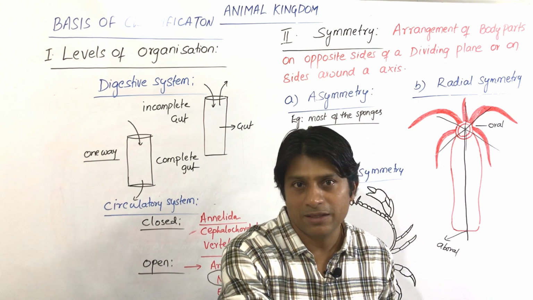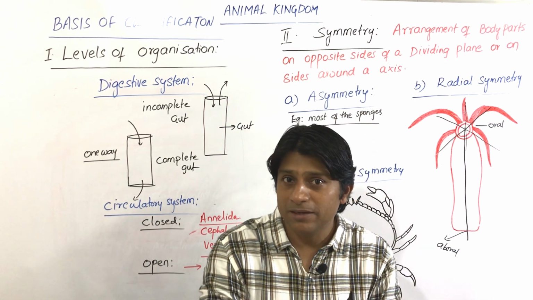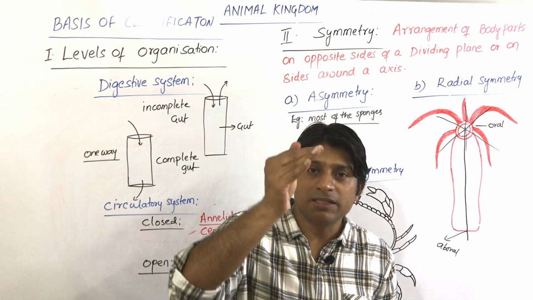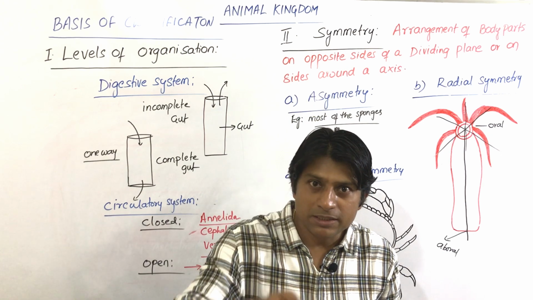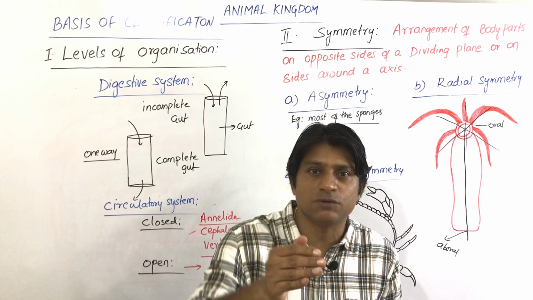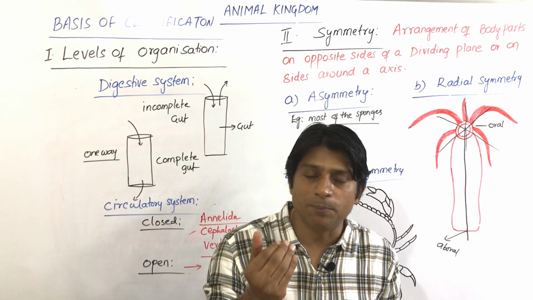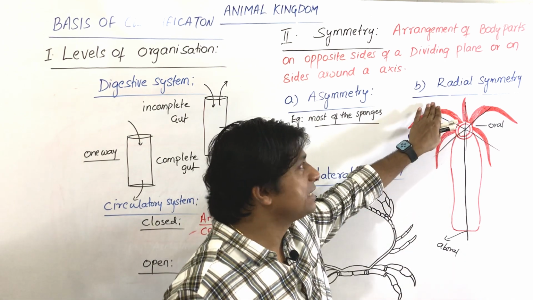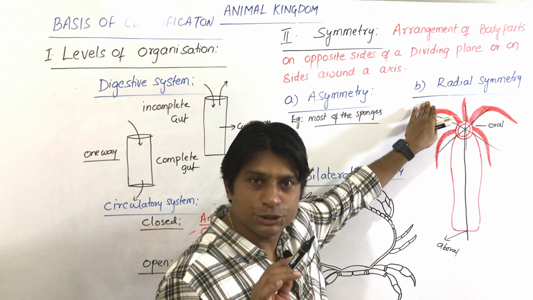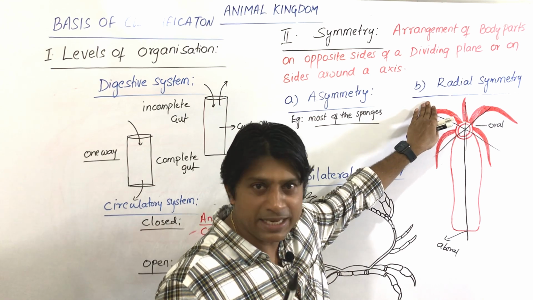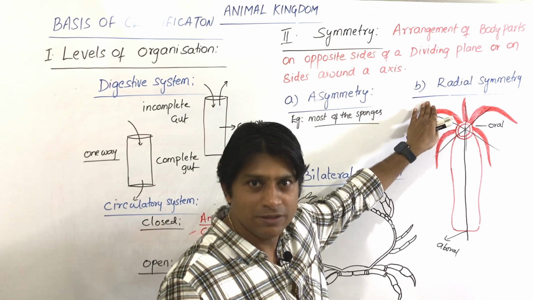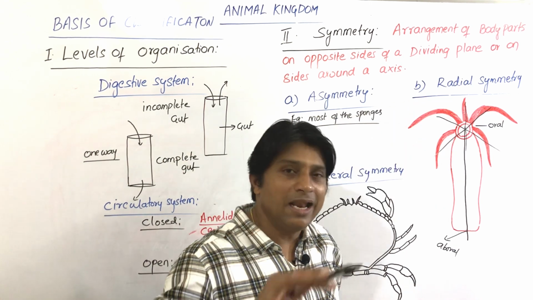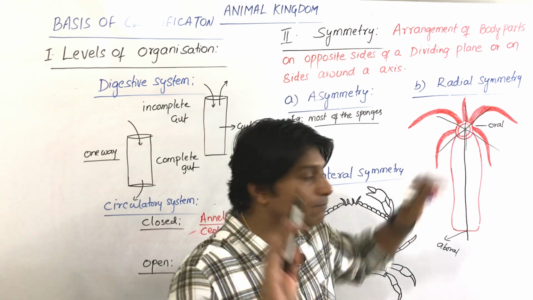We can divide the animal into two identical halves along many planes, but the plane should pass through the main axis or central axis of the body, which we call the principal axis. This symmetry is shown by cnidarians and ctenophores. There is one exception: echinoderms also exhibit radial symmetry. In the last, we'll talk about echinoderms and why they exhibit this symmetry.